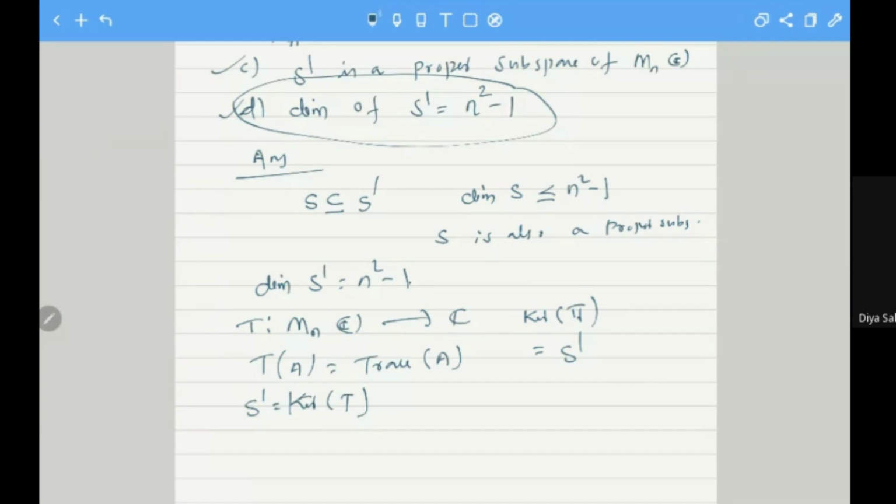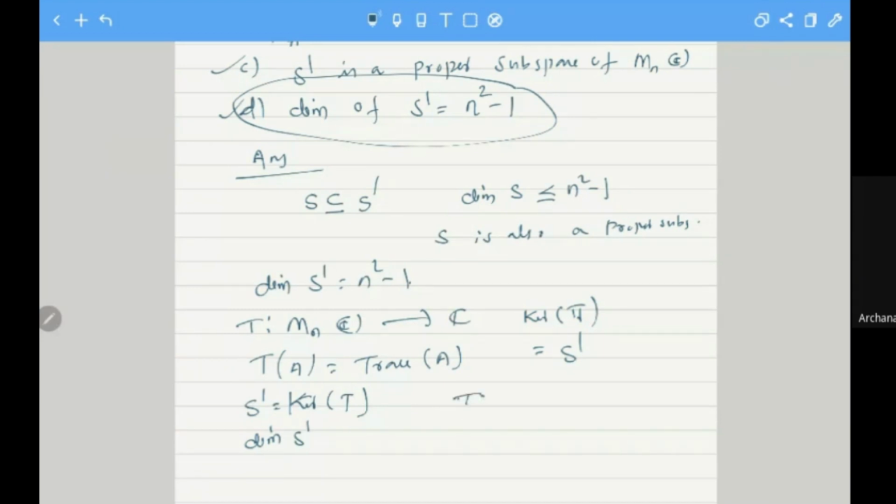Yes, sir. Now we need the dimension of S prime, right? Which theorem connects with the dimension of the kernel of something? Yeah, the rank nullity theorem. So what does the rank nullity theorem say?